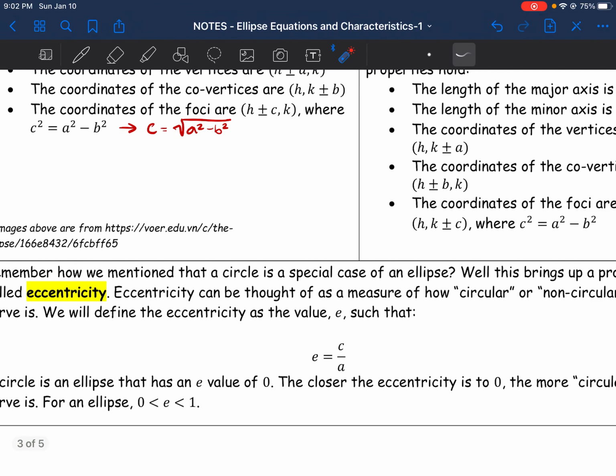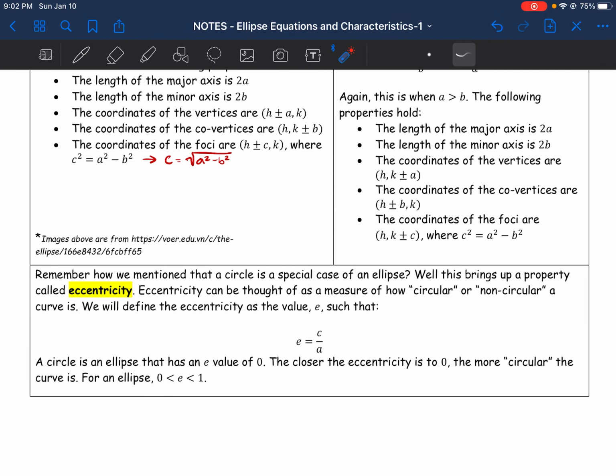Now remember how previously we mentioned that a circle is a special case of an ellipse. Well, this brings up a property called eccentricity. Eccentricity can be thought of as a measure of how circular or non-circular a curve, in this case an ellipse, actually is. And we will use lowercase e as the variable to define eccentricity, where e is c divided by a.